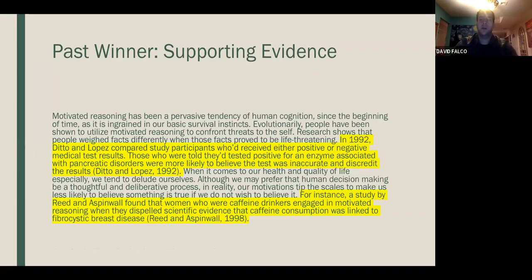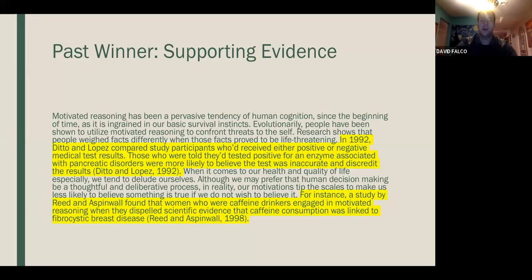All right, so here's one of the supporting evidence paragraphs. I'm just going to read some of the highlighted parts because I think in this he does a really good job of bringing in some empirical studies and explaining how they help his argument. He says in 1992, Ditto and Lopez compared study participants who'd received either positive or negative medical tests.